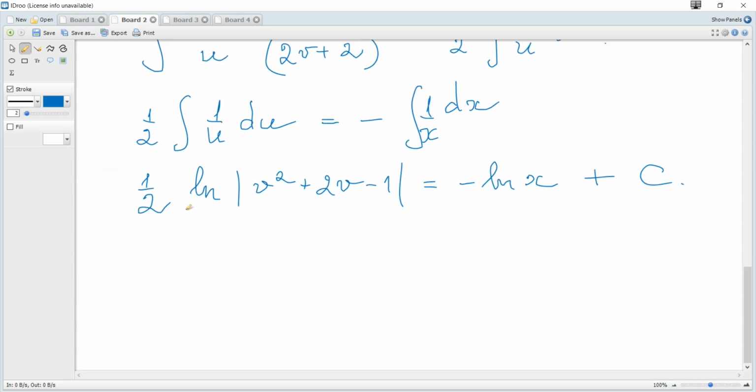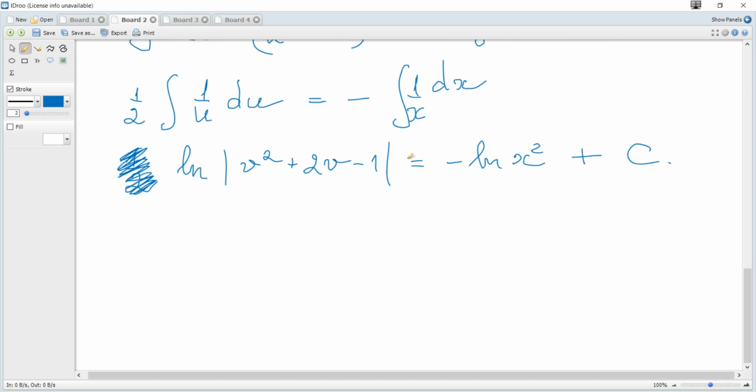And let's multiply each term by 2 to get just ln, minus 2 ln x, but 2 can be rewritten as ln of x squared, and plus 2 times constant is just another constant.